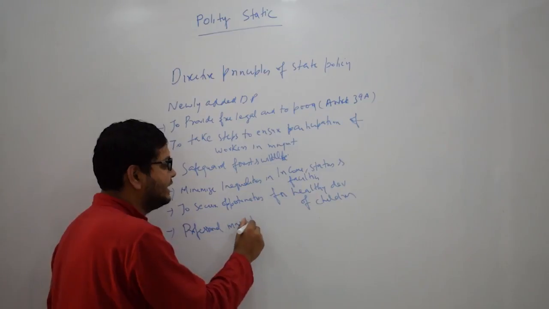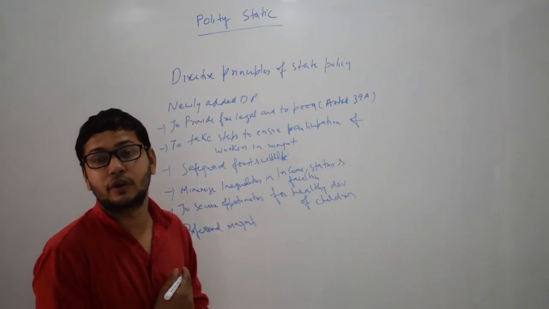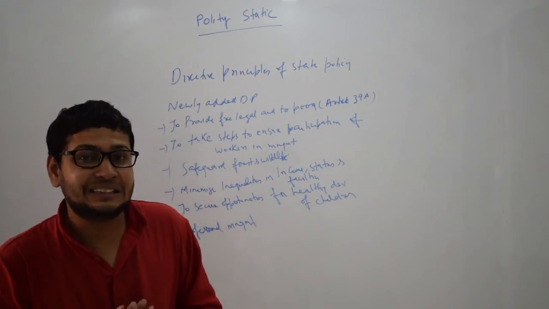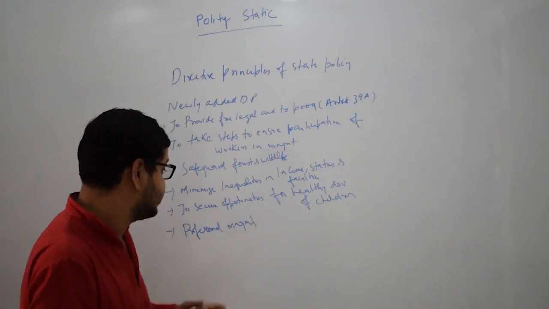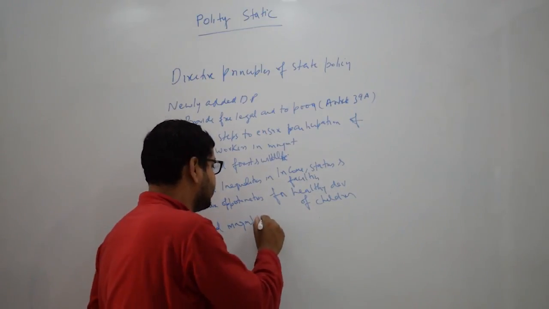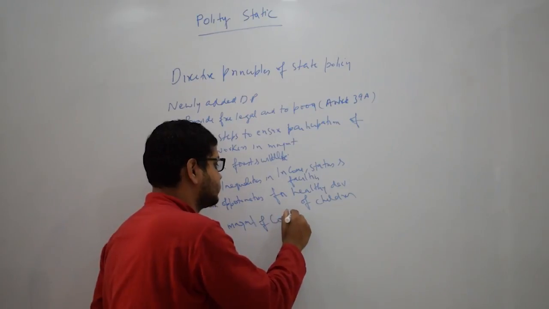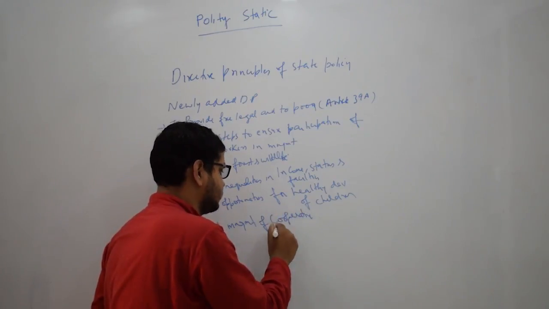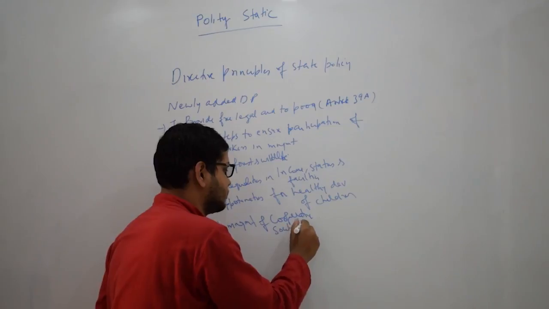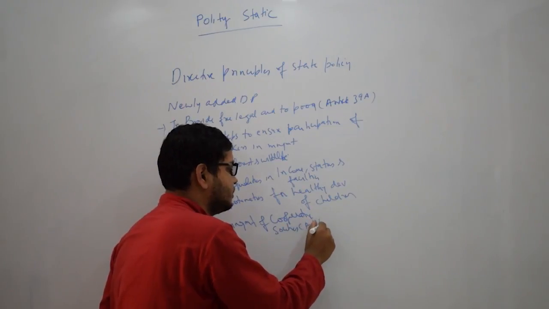This is the most recent directive principle to be added. So if a question comes, which is the most recent directive principle to be added, it is this, professional management of cooperative societies. That's Article 43B.